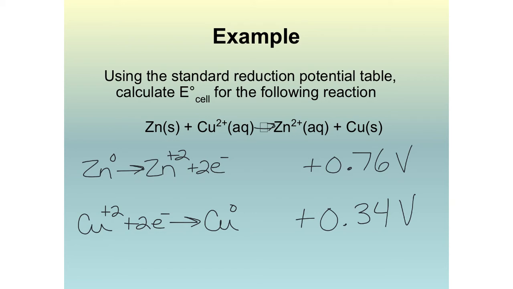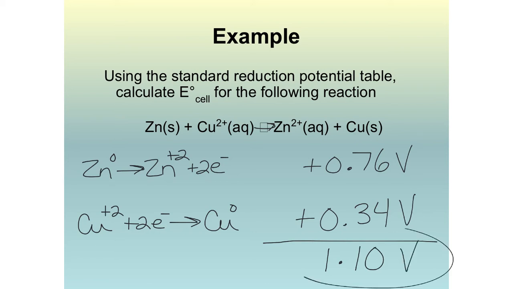In order to figure out the voltage for the cell, we just add those 2 things up and we get 1.10 volts. Because this is a positive value, we would know that the reaction should occur spontaneously, and so this would be set up as a voltaic cell.